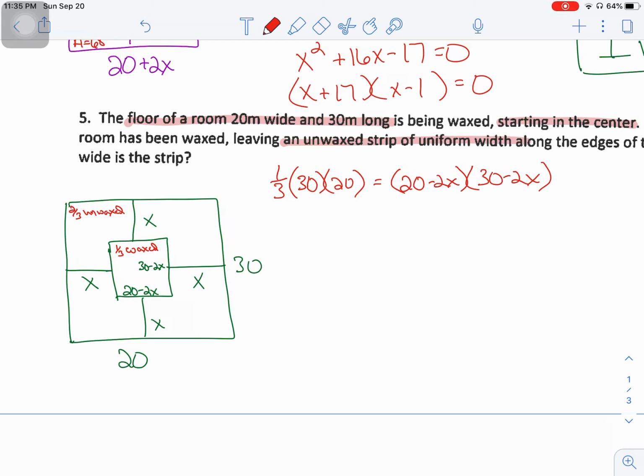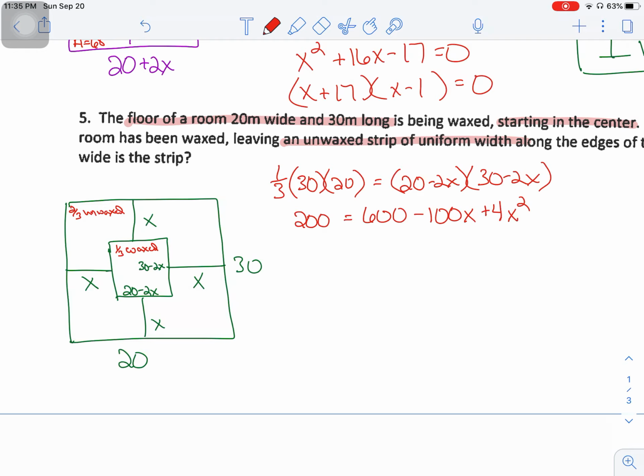If I do 1/3 times 30 times 20, this turns into 200. 20 times 30 should be 600, minus 100x. I want to double check that just to make sure. That is right, and then plus 4x squared.